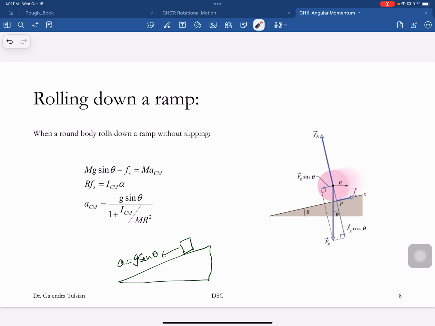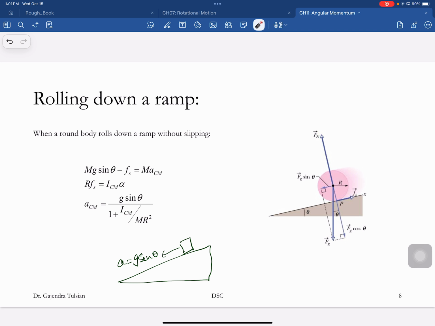A wheel rolling down is accelerating at a rate that is smaller than an object sliding down. It's g sine theta divided by this factor, and you see this number is greater than 1. So the acceleration of the center of mass of the wheel is smaller. It is translating, and it's also rotating.